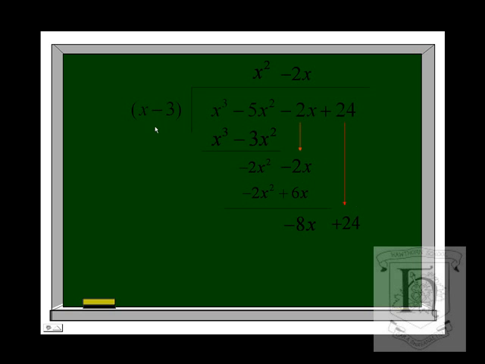Repeat the process. How many times does x minus 3 divide into minus 8x? Minus 8 times. Multiply back, minus 8x plus 24, and thankfully we have a remainder of 0. This confirms, of course, that x minus 3 is a factor of the function as we were told.